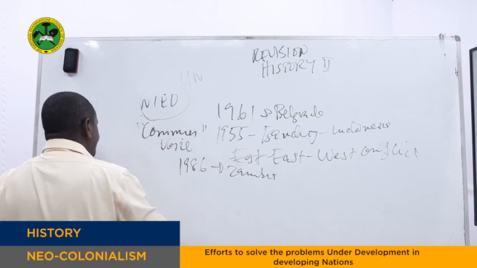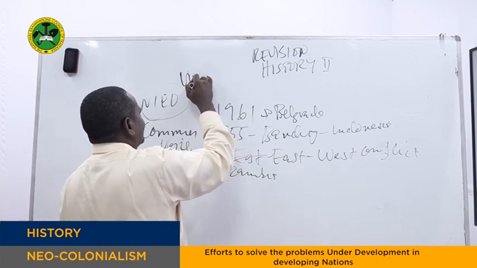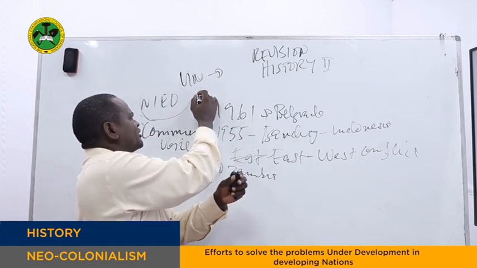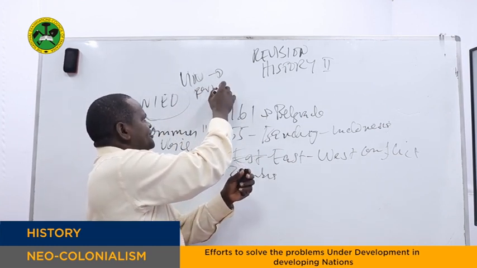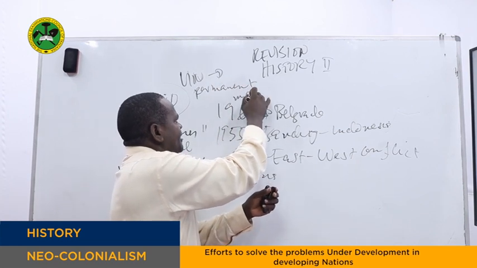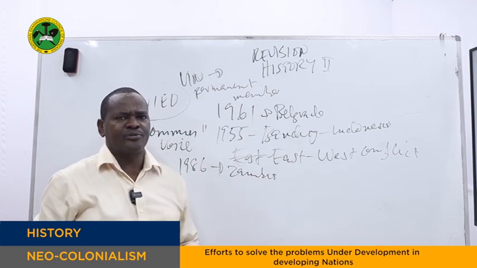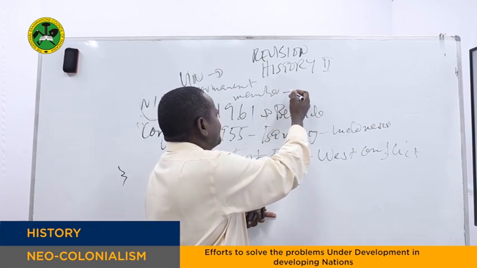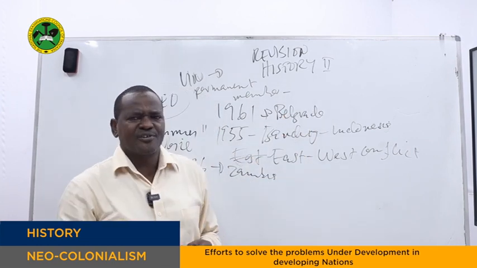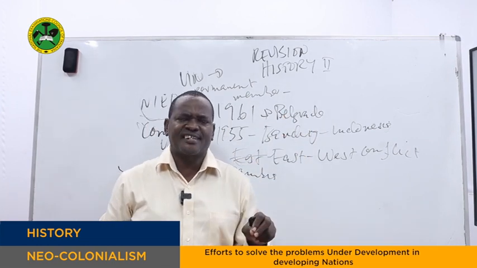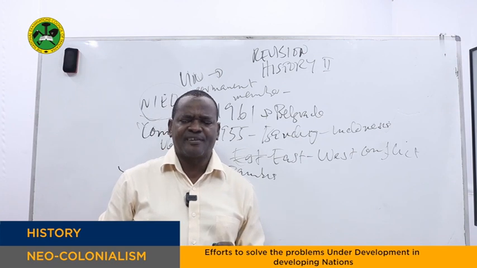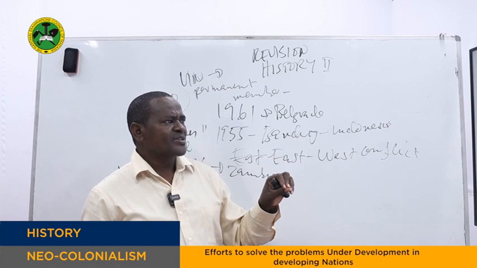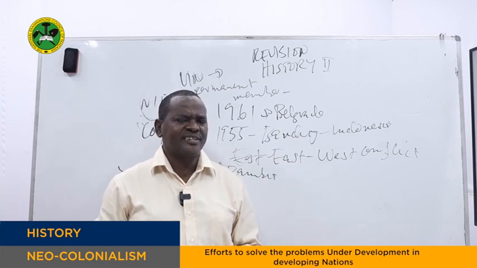They wanted reform in the UN because the United Nations, ever since it was established, used to have what we call the permanent members of the UN. Remember, these permanent members are formed of 5 countries: the United States of America, China, France, Britain, and these countries have the monopoly of making all major decisions by themselves.